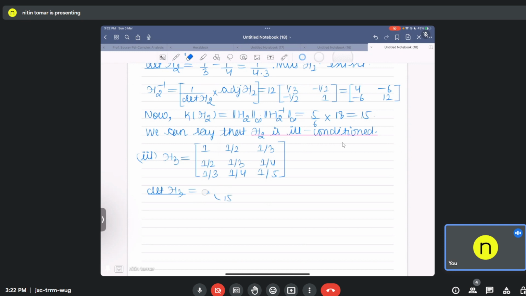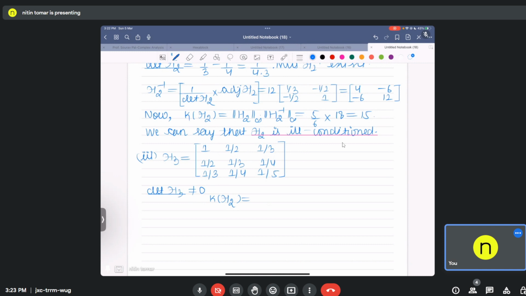You check that this determinant is actually not 0. Okay? This will be invertible, believe me, this will be invertible. And what about the condition number?